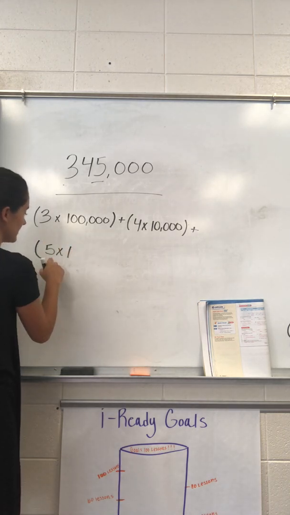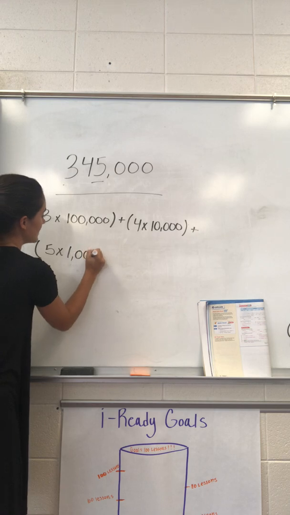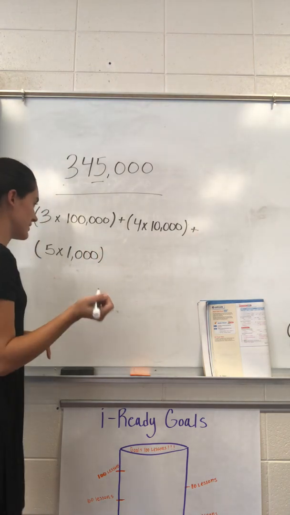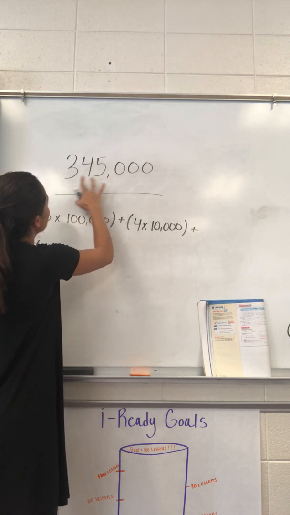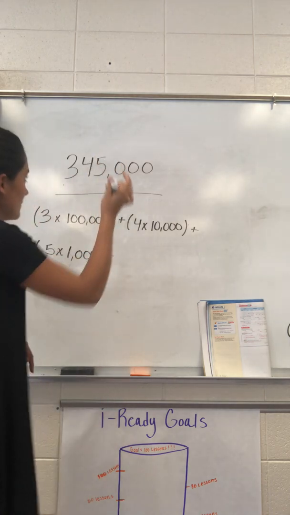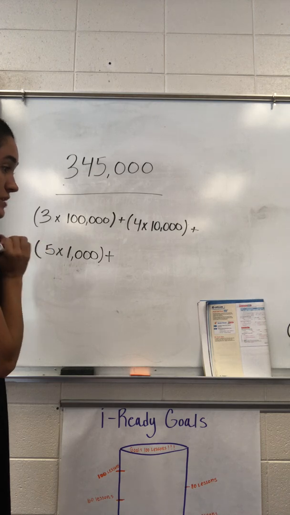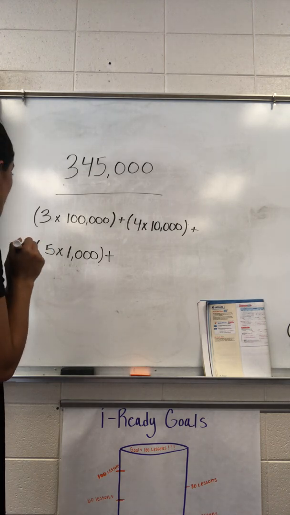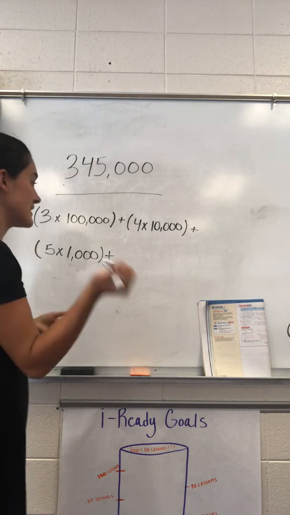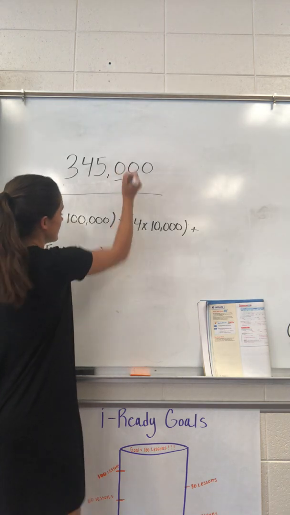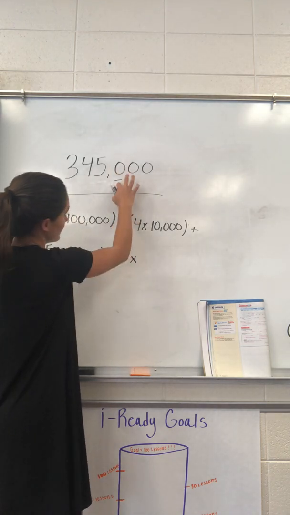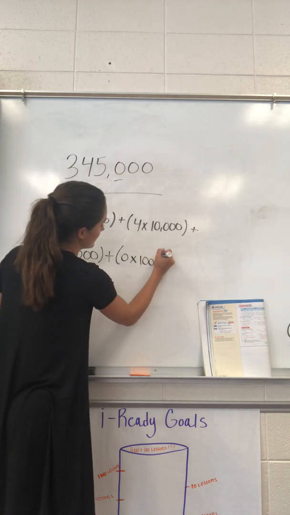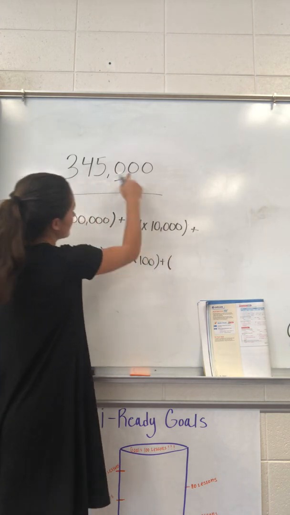So I'm going to do 5, the digit, times the place value that it's in, which is 1,000, close parentheses, plus, well, we don't have any more numbers there, so I'm going to continue on just so you guys can see. We're going to look at the 0. We're going to take 0 times place value that it's in, 100, plus another 0.